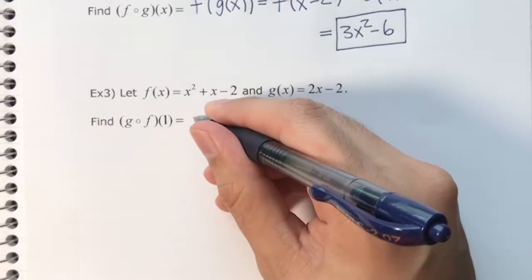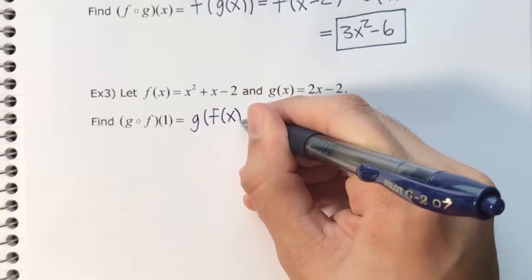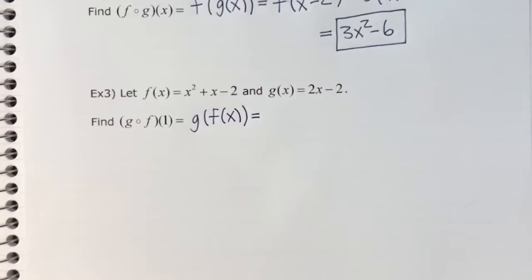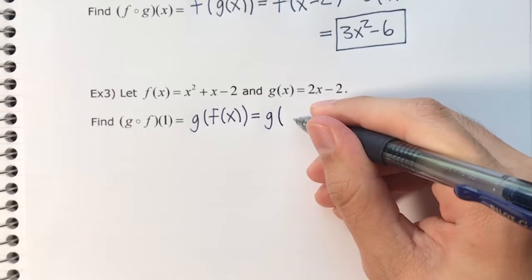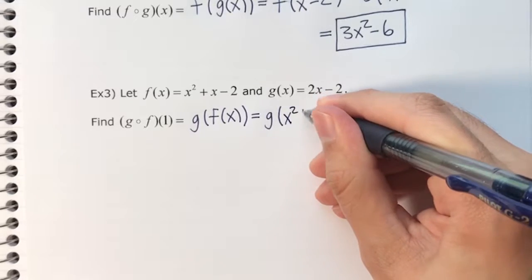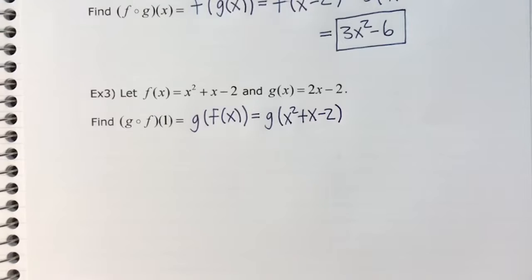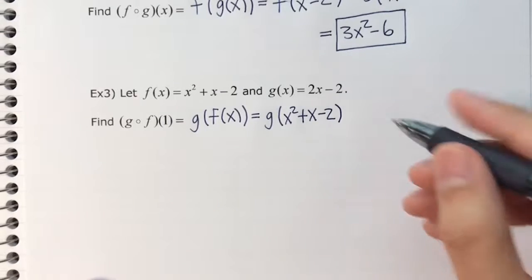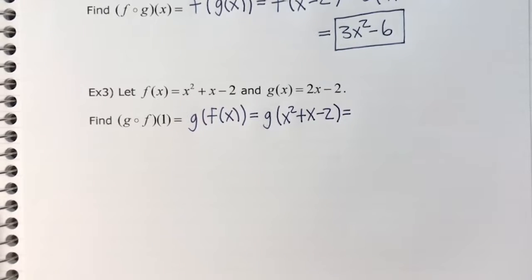Again, let's write down the formula. g of f of x. g of, and then what is f of x? x squared plus x minus 2. Now again, let's make use of our room here.